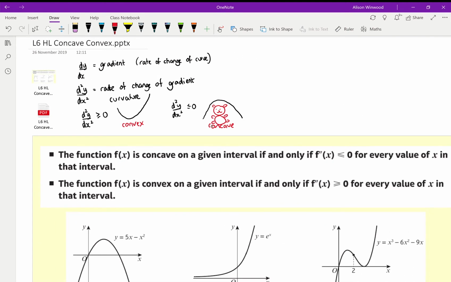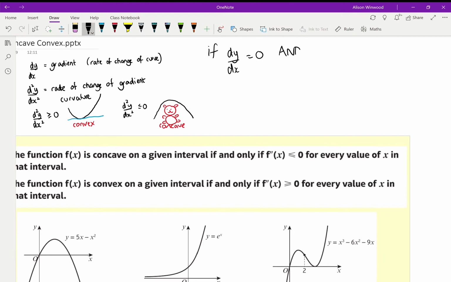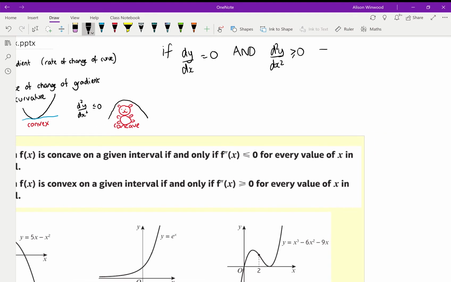So this is a way of testing if we've got a maximum or a minimum, because if we know that the gradient is 0 somewhere and the curve is convex, then we must have a minimum point. So if the gradient is 0 and the curvature is positive at a particular point, then we know we must have a minimum.